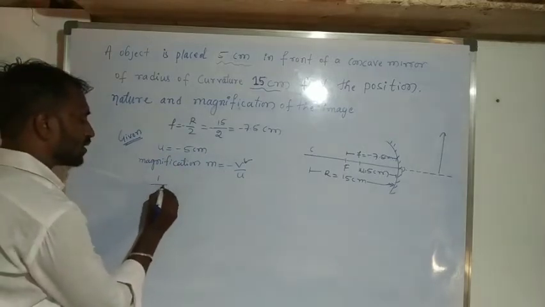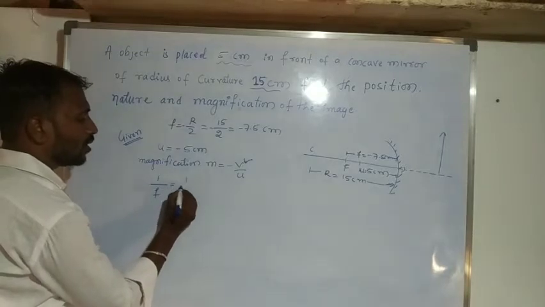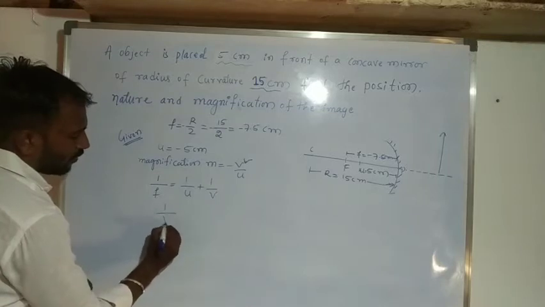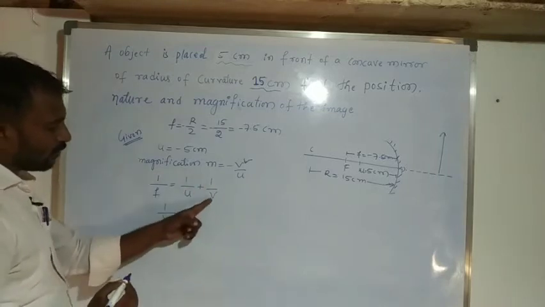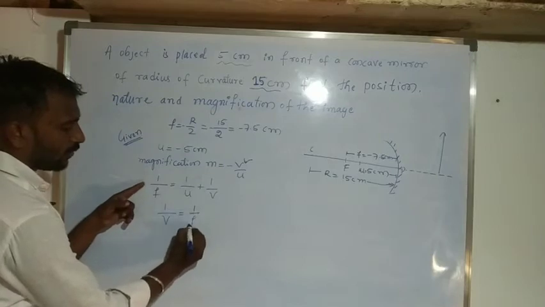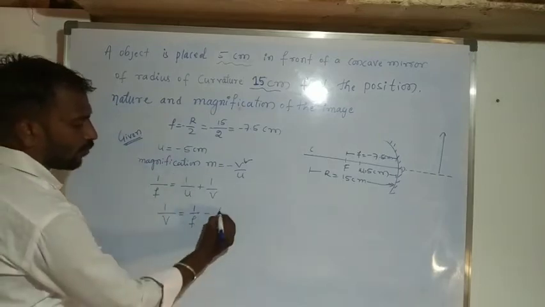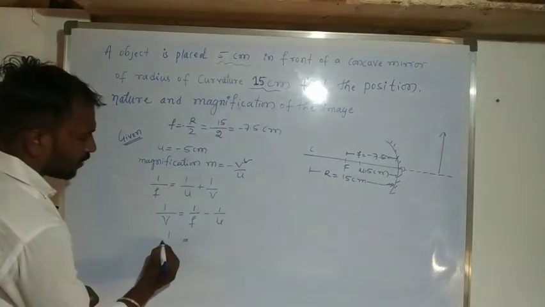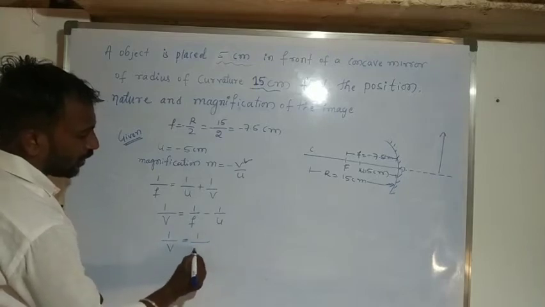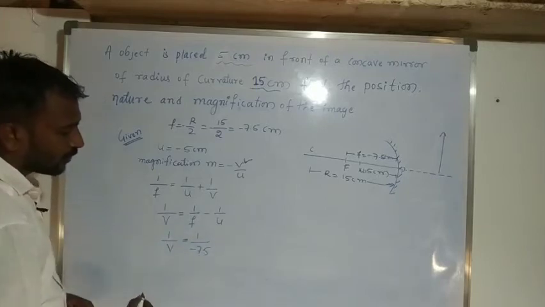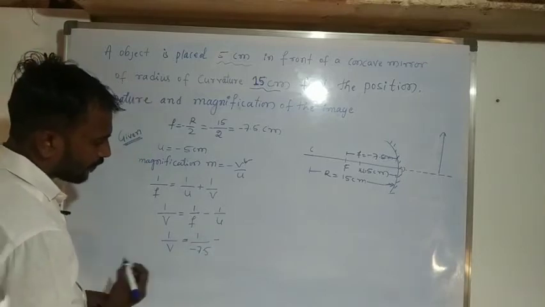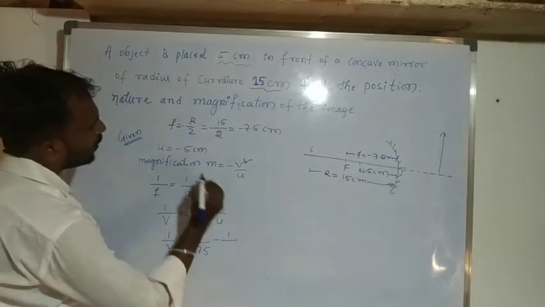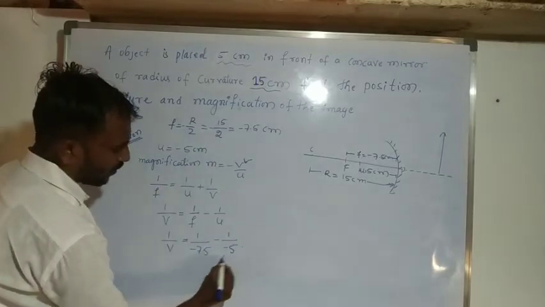So we consider the mirror formula: 1 by F is equal to 1 by U plus 1 by V. So 1 by V is equal to 1 by F minus 1 by U. That is 1 divided by V equals 1 divided by minus 7.5 minus 1 divided by object distance minus 5.